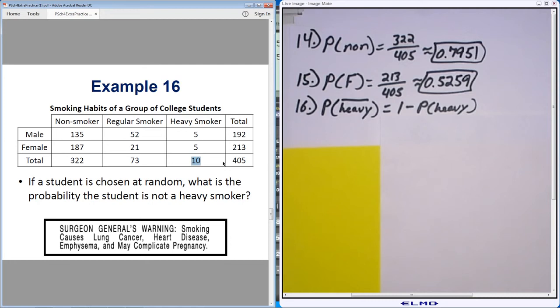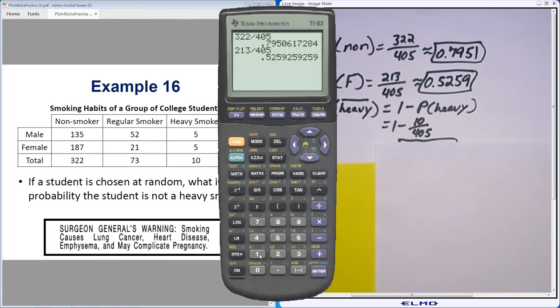There are 10 heavy smokers out of 405 total. So 1 minus 10 out of 405 will give me the answer. When I put that in the calculator, I like to type the 1 minus first and then put my fraction in parentheses. And I get my overall answer, 0.9753.